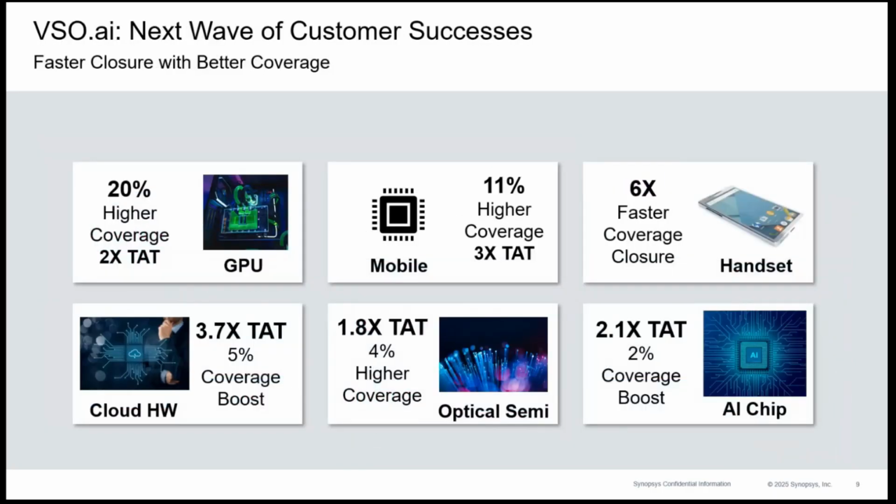There are a few other impressive results where our customers in GPU, mobile handset, cloud, optical semiconductor, and AI chip were all able to see an average of 2% reduction in regression time and about 5% faster coverage closure.